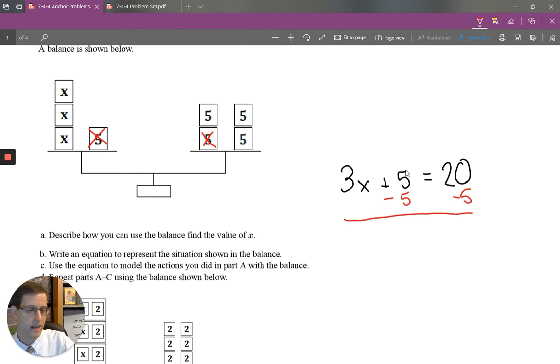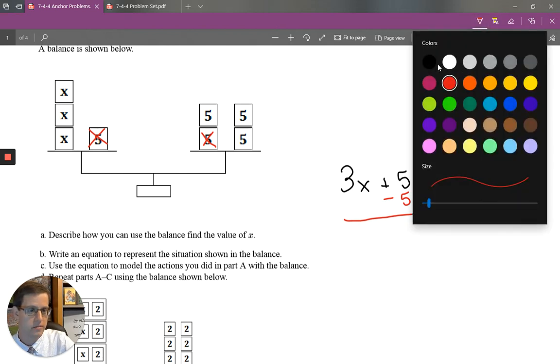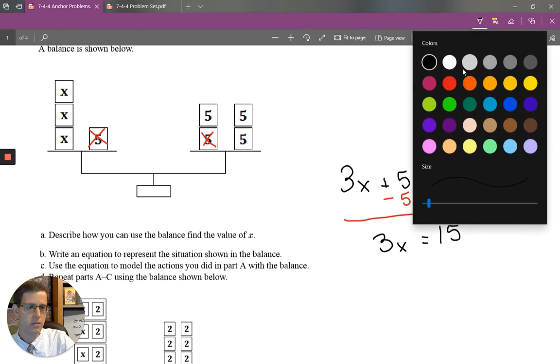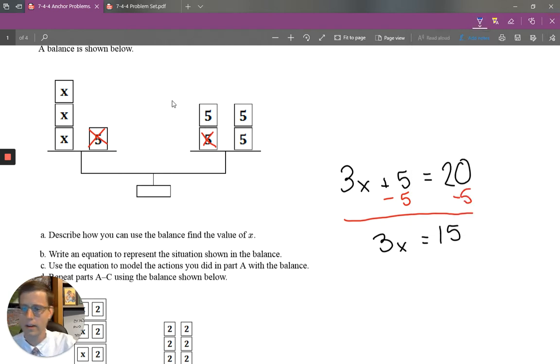The opposite of adding 5 is subtracting 5. And so what we're left with here is 3x. The 5 minus 5 is 0. It cancels out. Equals 20 minus 5 is 15. And now we have to figure out, okay, I have 3 x's. I have 3 5s.